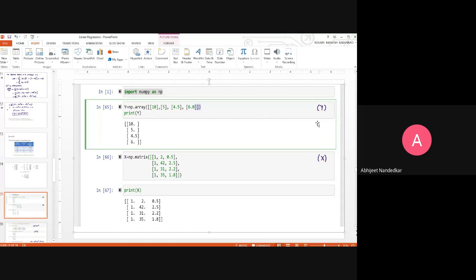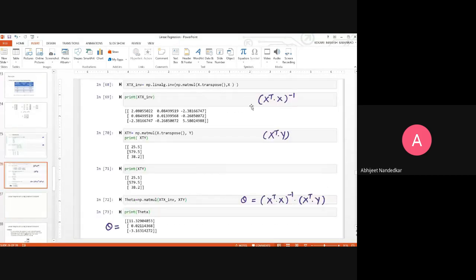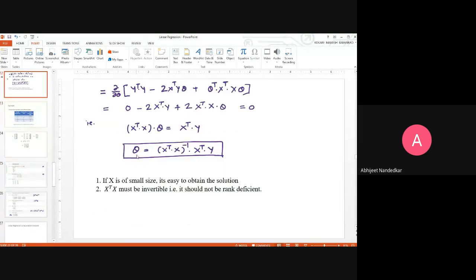So this y and x are defined. Okay, then I find out x transpose x inverse, then I find out x transpose y, and then I directly compute theta is equal to x transpose x inverse into x transpose y. So I can simply implement in one line this formula. So this you can do in one line in Python.